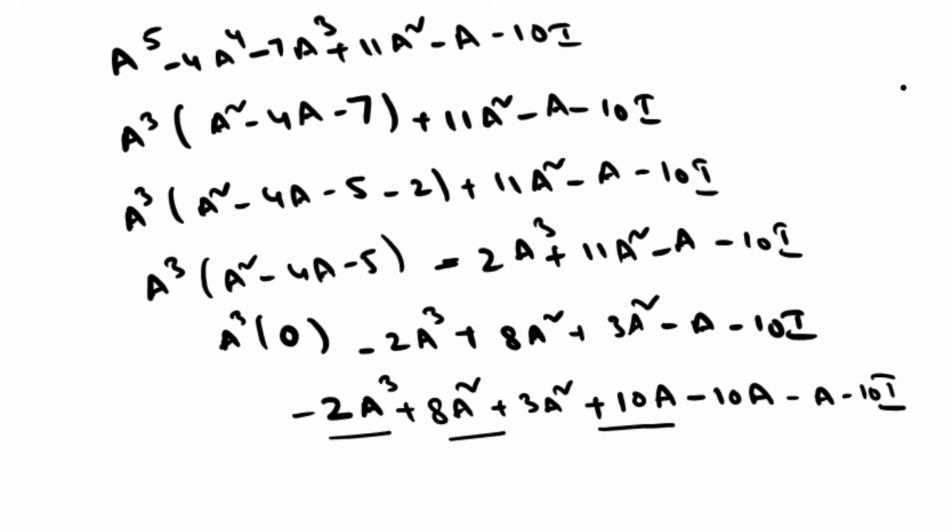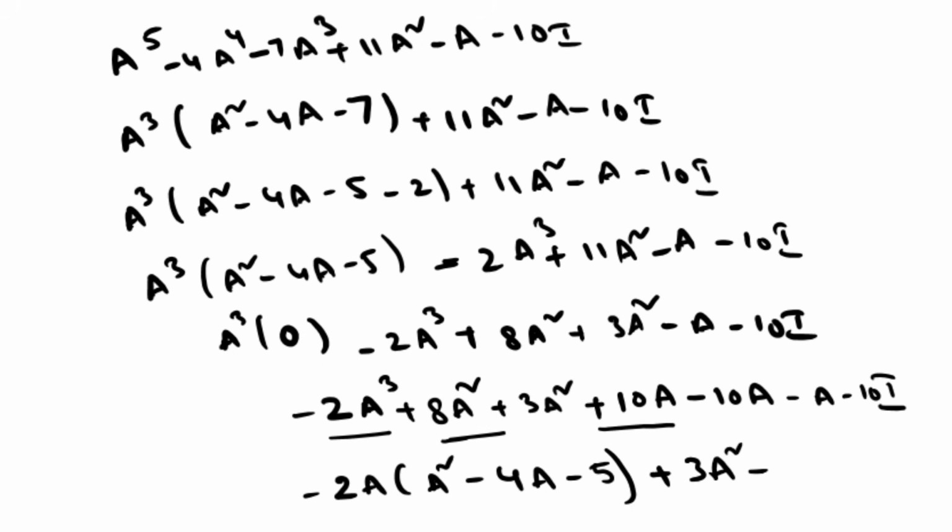Now in these three, taking minus 2a as common, a square minus 4a minus 5. The remaining terms are 3a square minus 11a minus 10i.